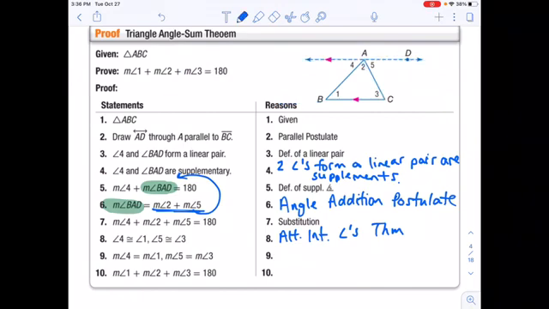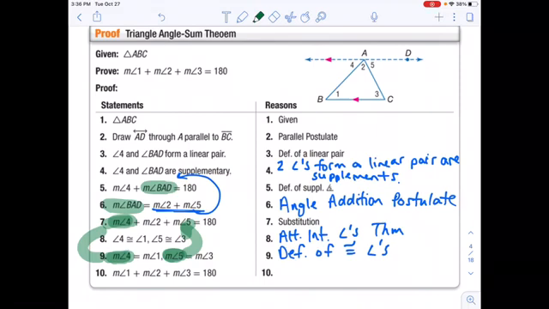Then, by the definition of congruent angles, we can go from congruent to equals for step 9. And then lastly, since we know the measure of angle 4 is equal to the measure of angle 1, we can do some substitution in there for angle 1 and angle 3.